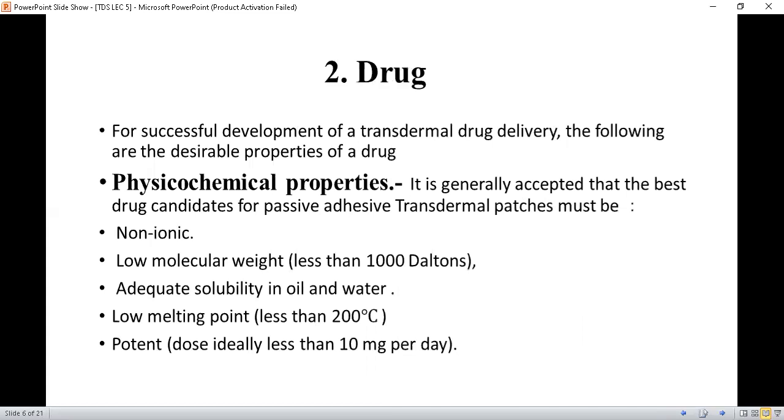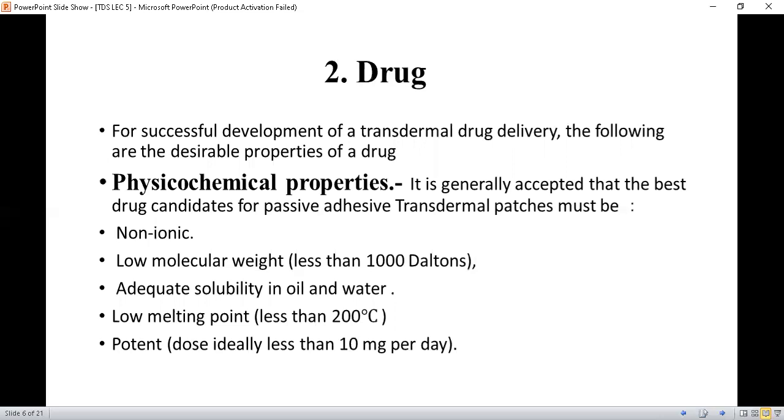For successful development of transdermal drug delivery, the following are the desirable properties of a drug. It means if you are going to formulate a transdermal system, you will have to take care of the drug and its properties, because all drugs are not suitable for transdermal delivery, and they show difficulties in absorption. And if absorption is affected, it will affect the bioavailability.